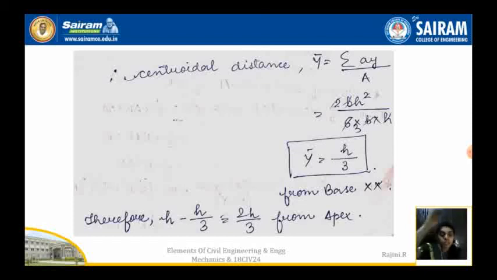Apex means the top end of the triangle, and the base means the base b. So from the base it will be h by 3, and your centroid lies at h by 3. From the top it is 2h by 3. So please remember this formula to calculate the problems. All the formulas we need to remember.